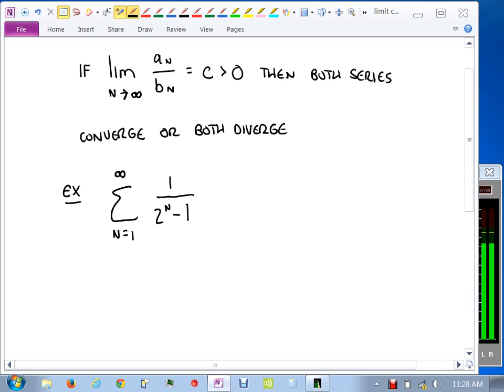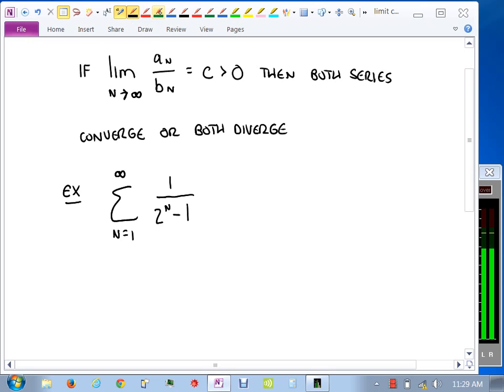Now, I could try the traditional comparison test right now, couldn't I? I could try coming up with a b sub n and see which one's bigger, and then try to use that test. But this is a slight adaptation of that test that allows me to attack it in a slightly different manner. I still have to come up with something to compare it to, which in this case, what do you think would be good to compare it to?